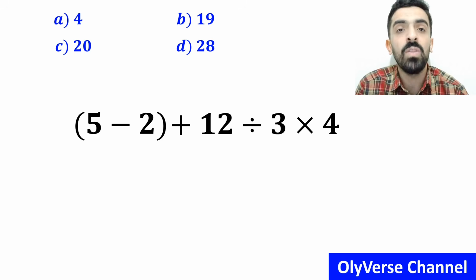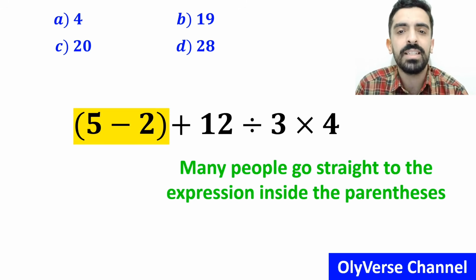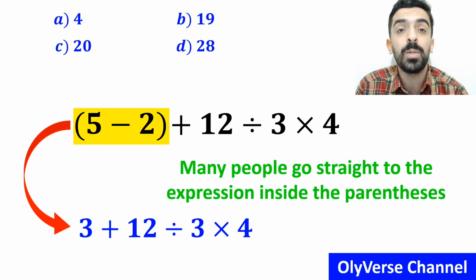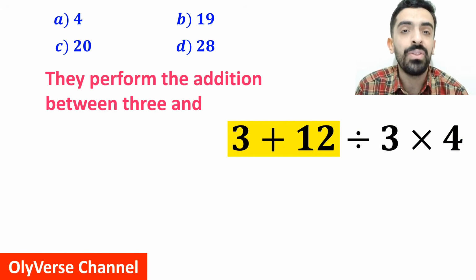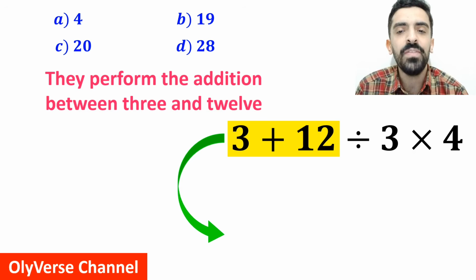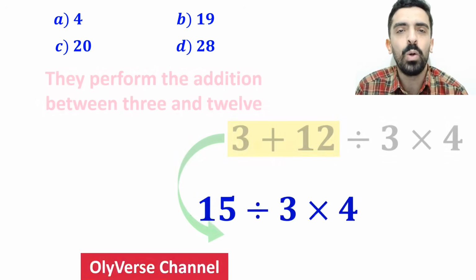In the first step of solving this question, many people go straight to the expression inside the parentheses and simplify the whole expression to 3 plus 12 divided by 3 multiplied by 4. In the next step, they perform the addition between 3 and 12 and simplify this expression to 15 divided by 3 multiplied by 4.